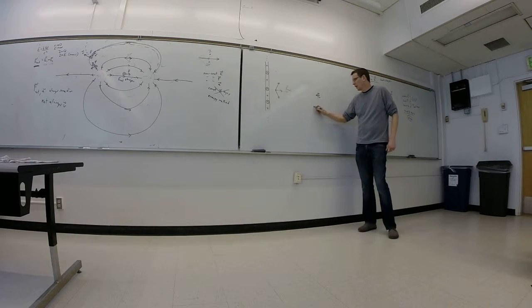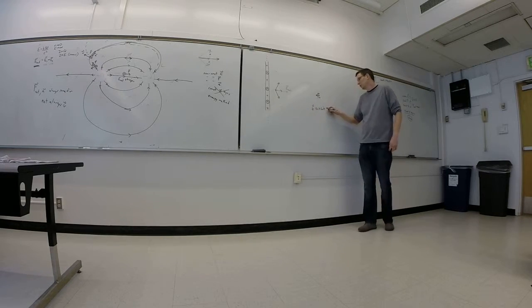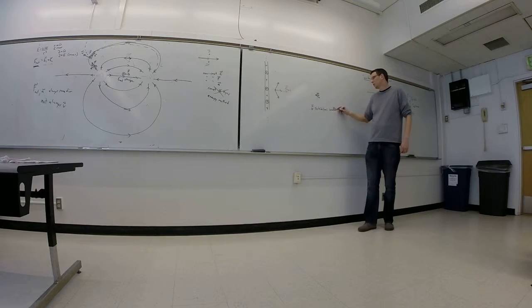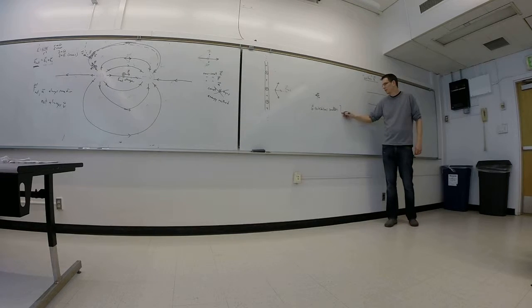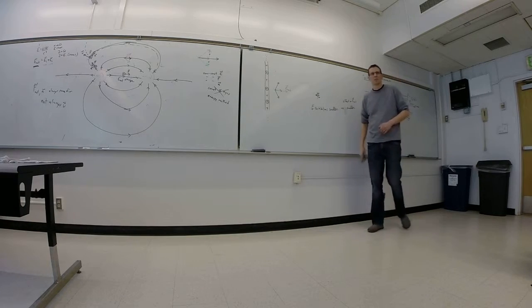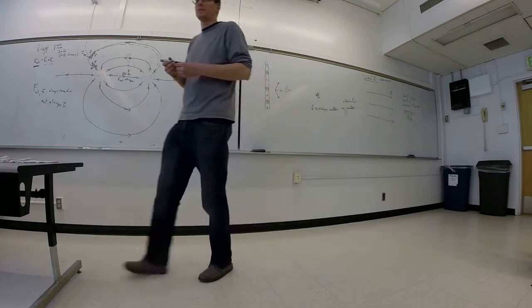All of the electric field contributions are smaller, so the effect on E net would tend to make it smaller. All the contributors are smaller, so it's going to be smaller.